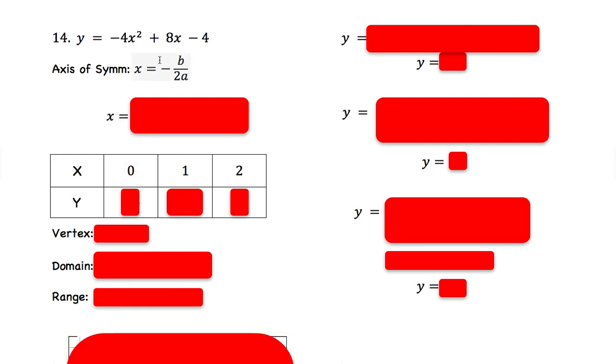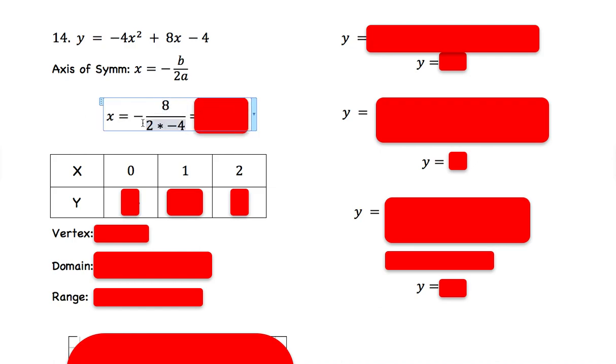All right, so axis of symmetry, the formula is still the same. In this case, our A value is negative 4, our B value is positive 8, and our C value is negative 4. So we start off with negative B in the numerator. We end up with 8 in the numerator, and then 2 times negative 4 in the denominator. Why do I have a negative 8 there? It should be a positive 8.